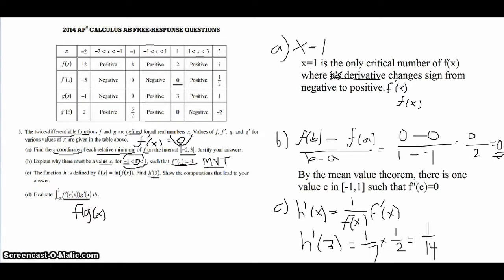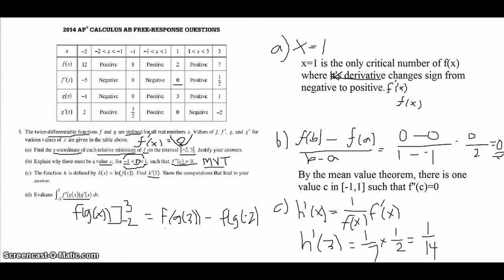Now, using the fundamental theorem of calculus, we evaluate this antiderivative from -2 to 3, getting f of g of 3 minus f of g of -2.